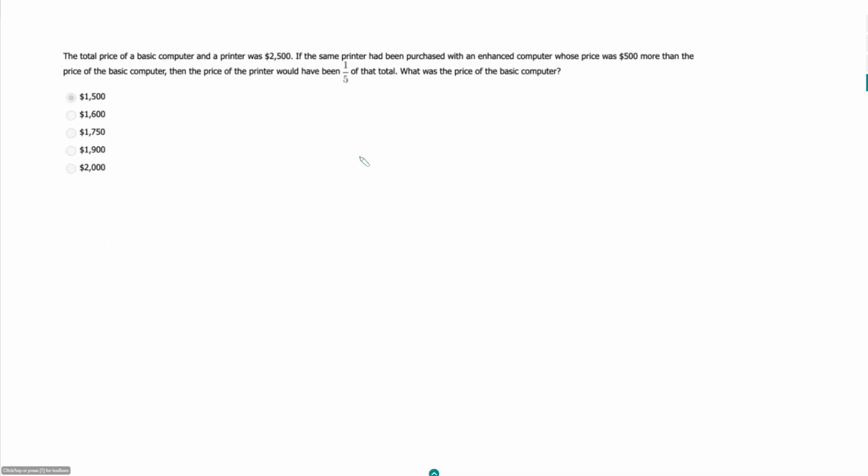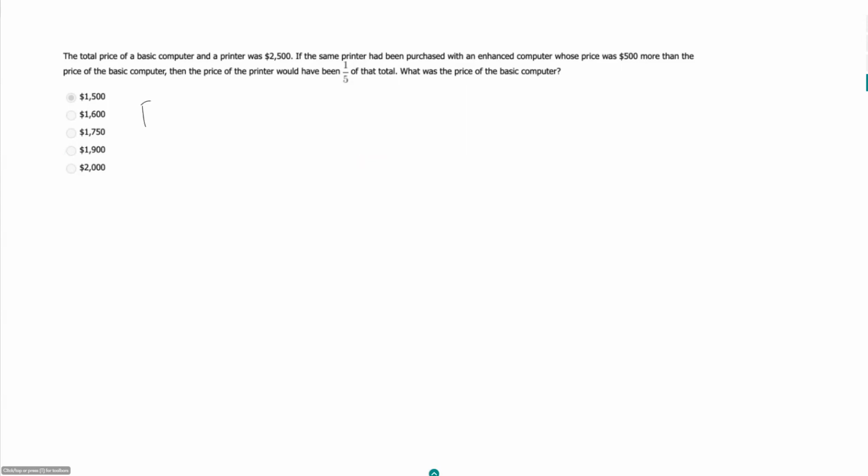So what is this word salad that we got going on here? We got two types of computers, it seems like. A basic computer and an enhanced computer, but there's only one type of printer. So there's not necessarily a basic printer and an enhanced printer, I think.